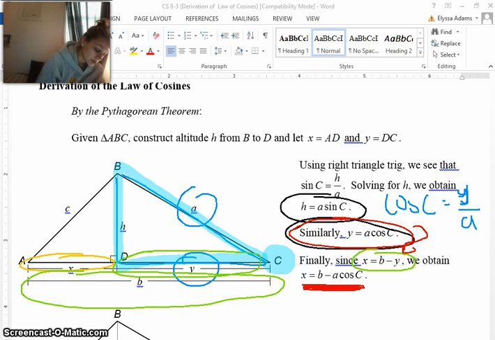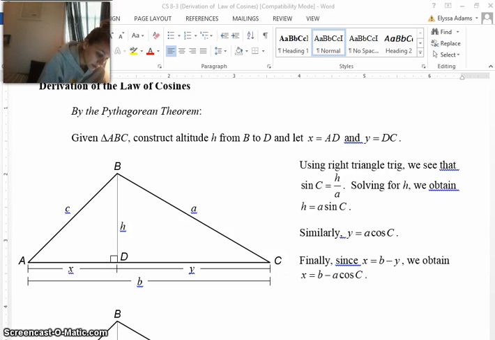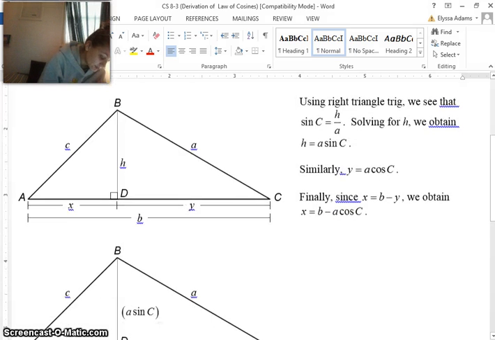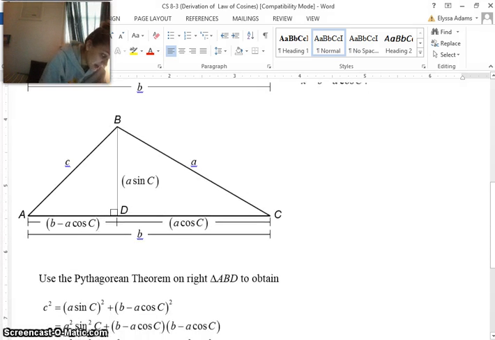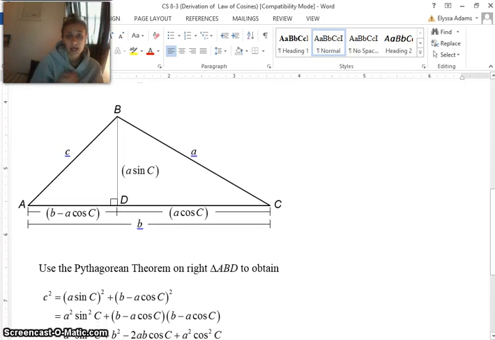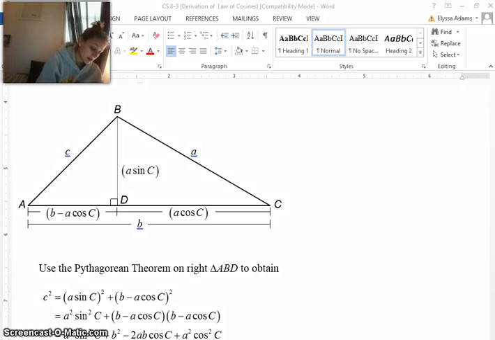So what I'm going to do is scroll down, because when you scroll down, it's the same triangle that we've been using, except now instead of x's and y's and h's, it's substituted in what we found for x and y and h. So instead of x, we have b minus a cosine c for that little piece, which we found above.